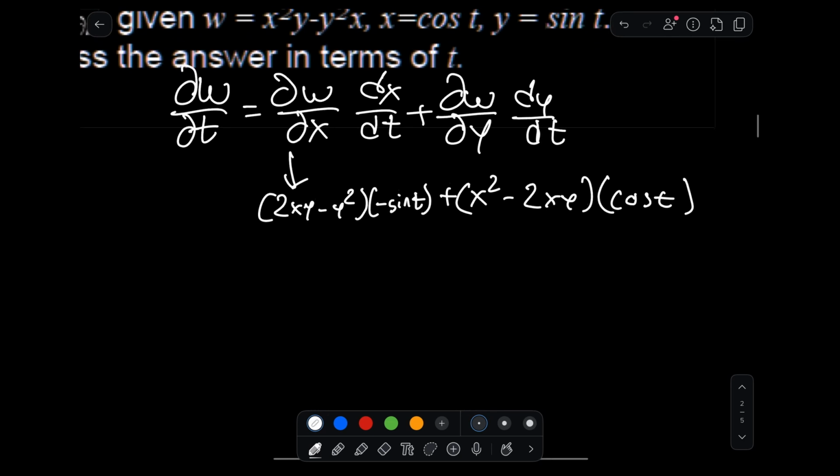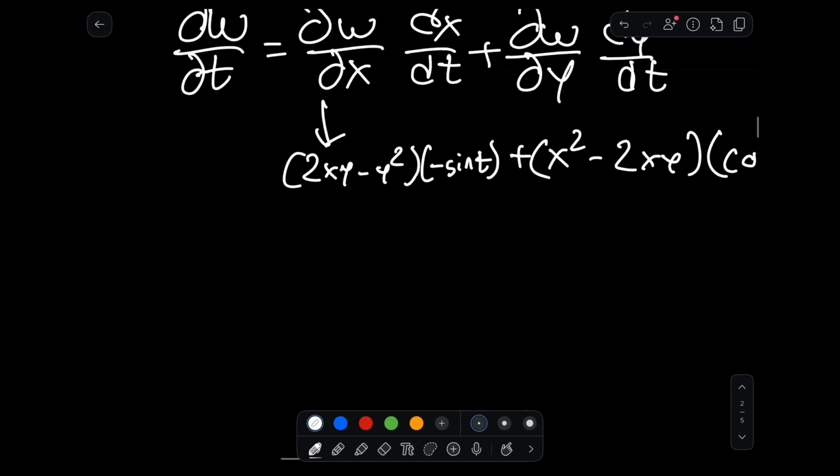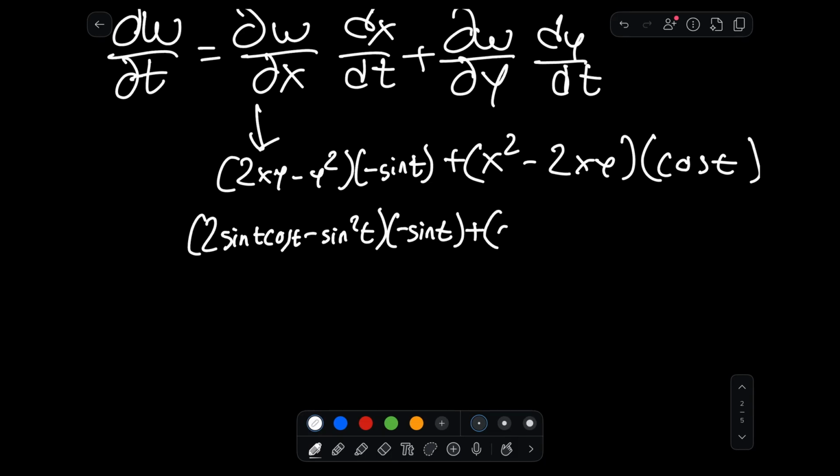So x equals cosine t, y equals sine t. This is going to become 2 sine t cosine t minus sine squared t, times negative sine t, plus cosine squared t minus 2 sine t cosine t, times cosine t.